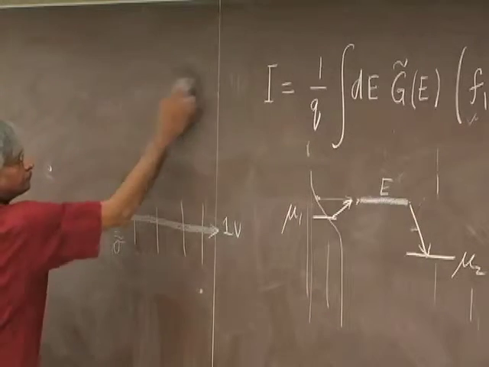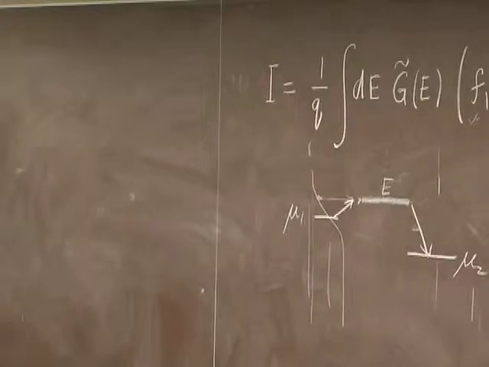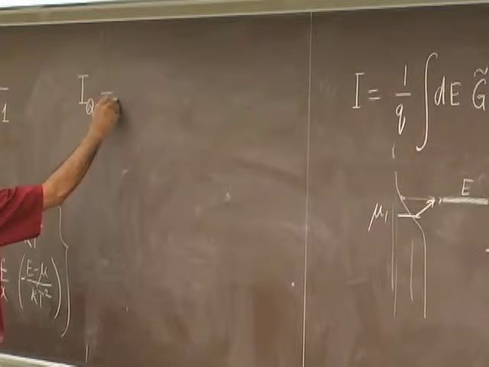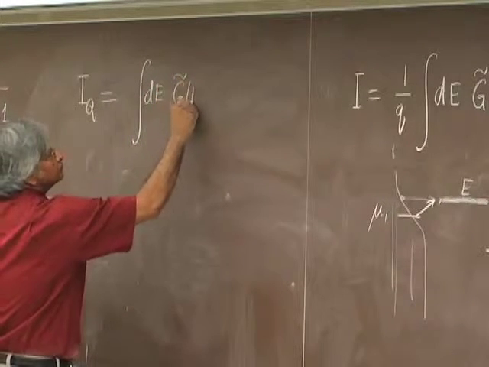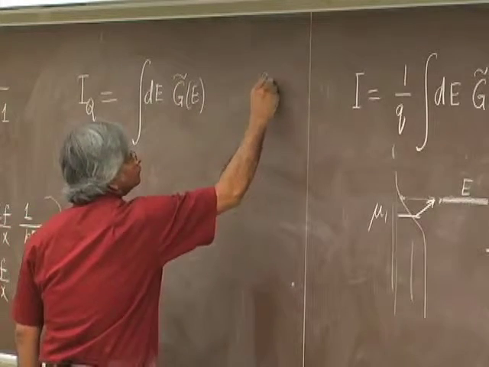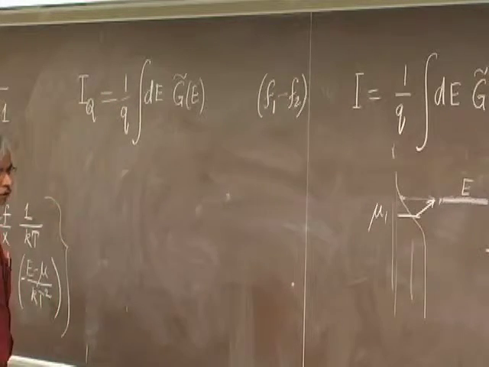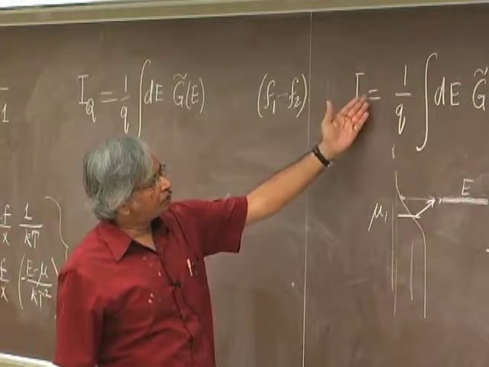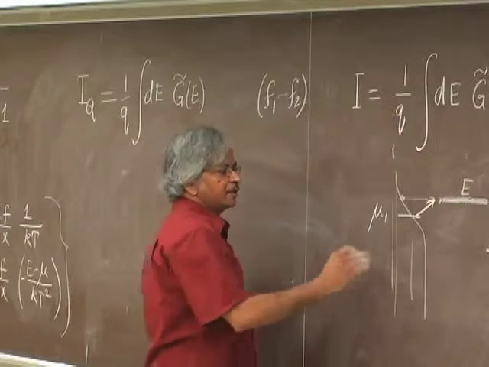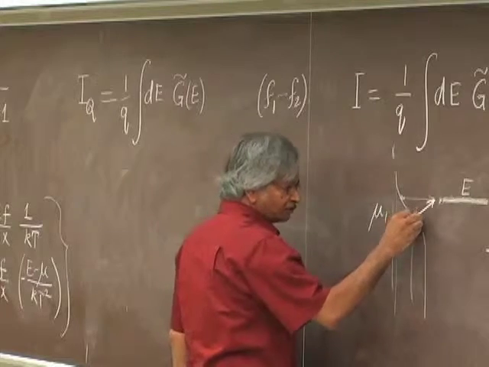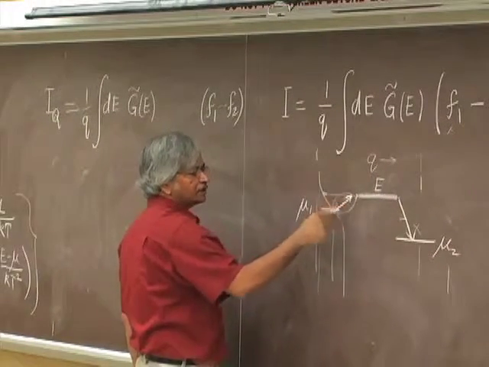That is, what we had here is this I. If I wanted to write the heat current, IQ, it would be... so this is what we wrote down here is the current, the electrical current, and the point is every time an electron goes from here to there, the amount of charge transferred is Q, but the heat that is taken out of here is E minus mu1.